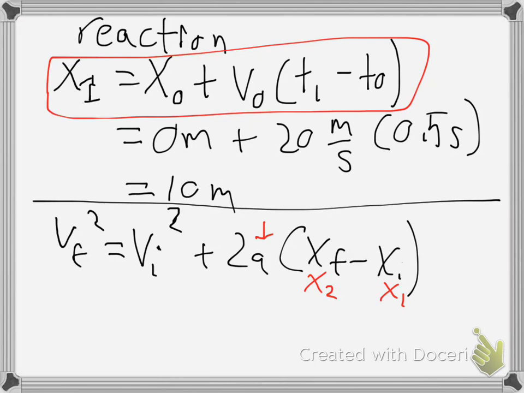We found this expression for x1: x1 is equal to the initial position plus the initial velocity times the time it takes, the reaction time, which is still equal to half a second. So we can still assume that.